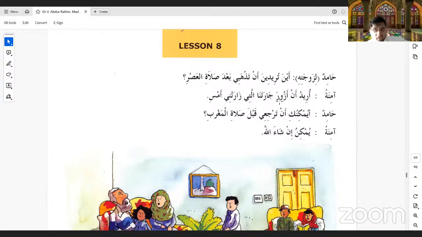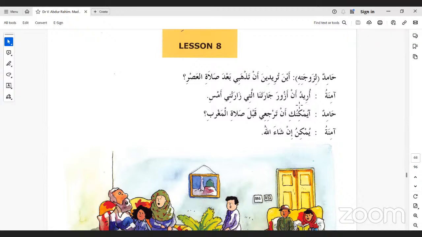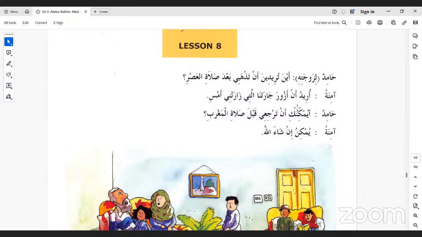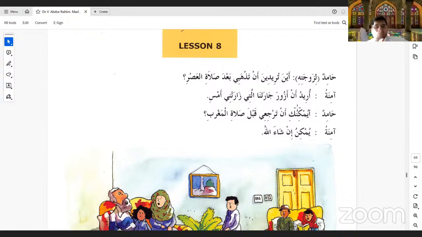Uridu an azura will be translated, I want to visit. I want you to say, I want to go. How would you say that? Dhahaba, yadhabu is the verb, and yadhabu has to be of the same form as uridu.